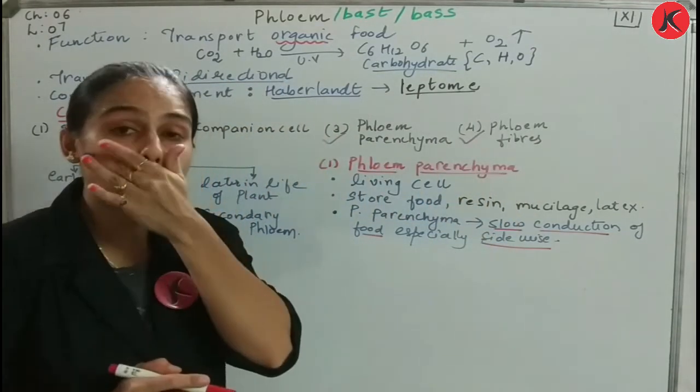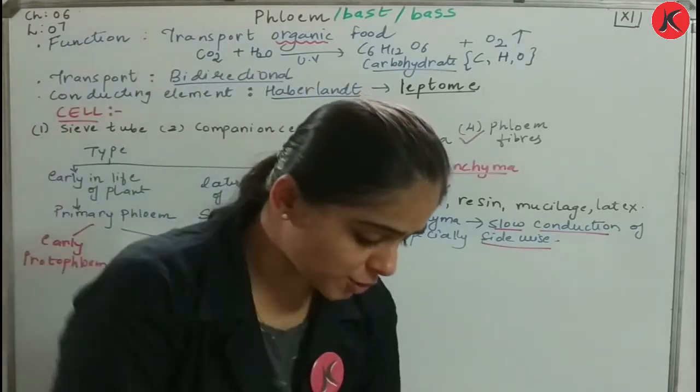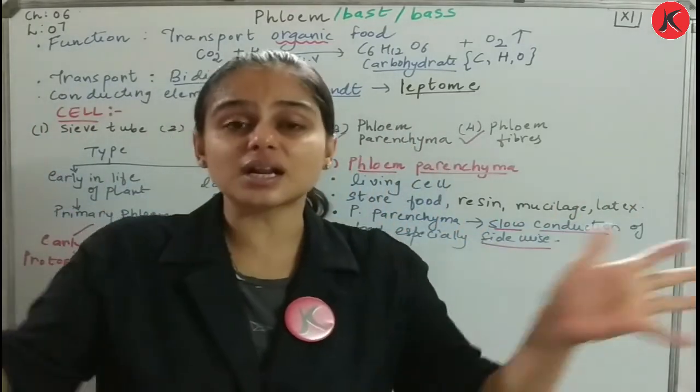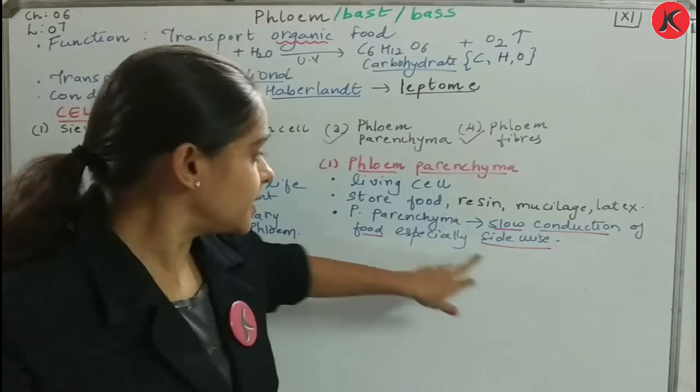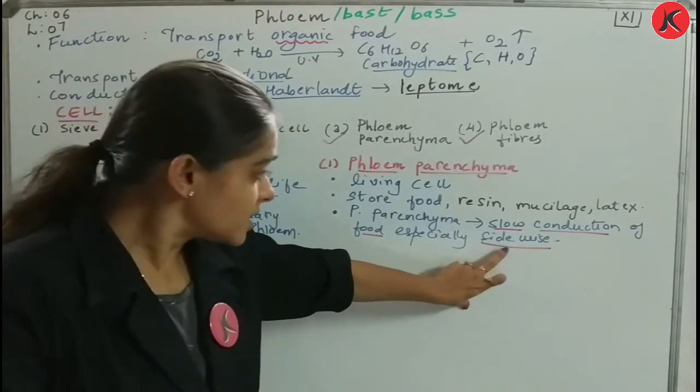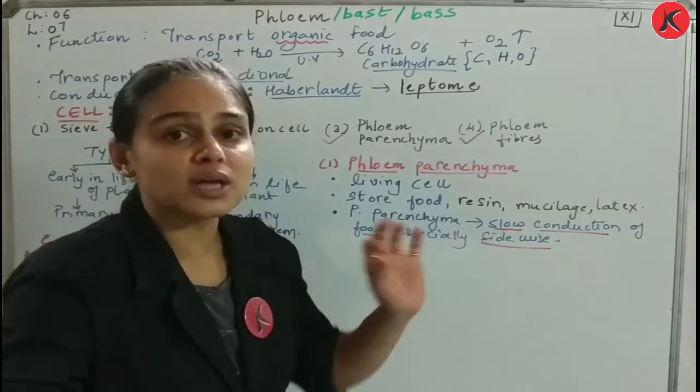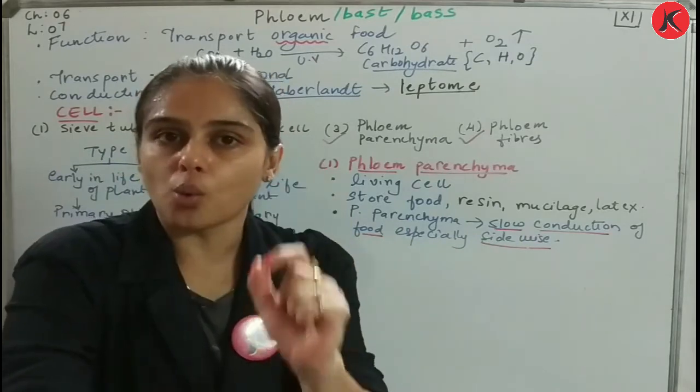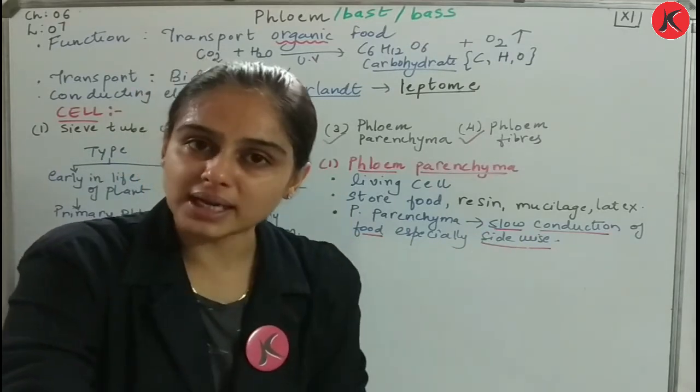Okay, xylem parenchyma में क्या पढ़ा था? They are responsible for lateral conduction. Yes or no? यहाँ पे lateral conduction, sidewise conduction कैसा होता है बच्चों? It's slow. Am I clear?